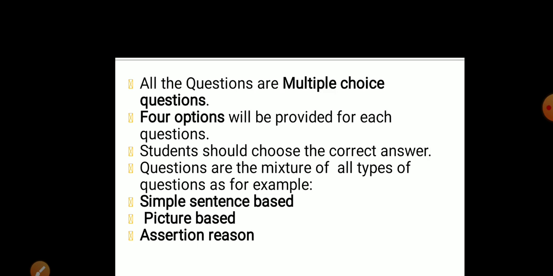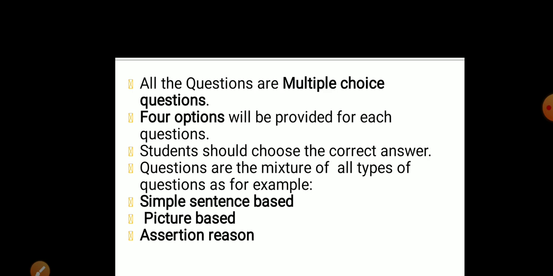Okay children, now what is meant by an assertion and reason kind of question? For 10th standard children there is no need to tell, but here I'm telling these things for 9th standard children, as I have prepared this video for both classes, 9th and 10th. So all ninth standard children, listen carefully, this is for you. An assertion and reason question means you will be provided with one assertion, which means one statement.